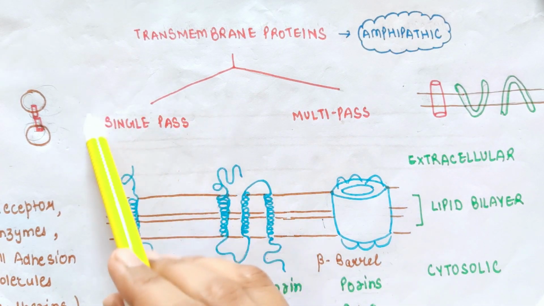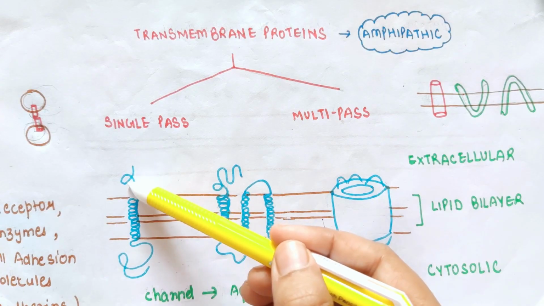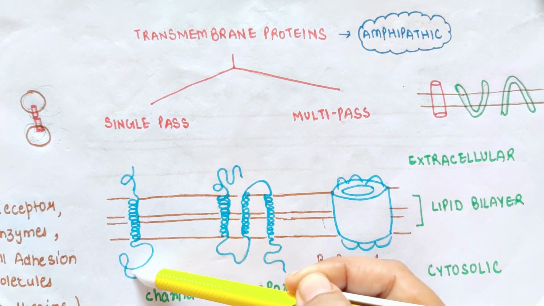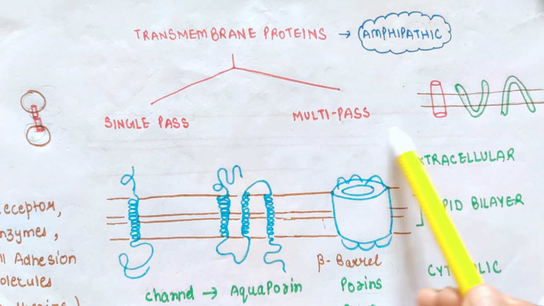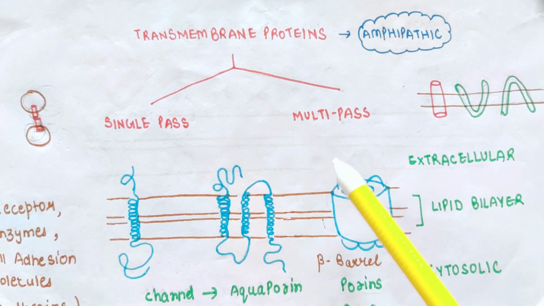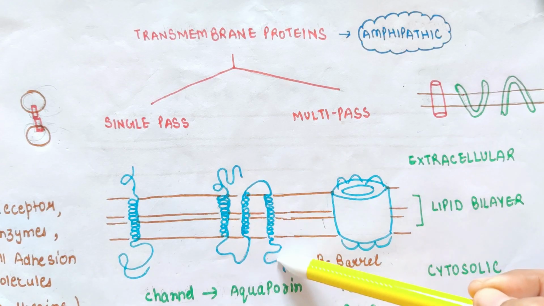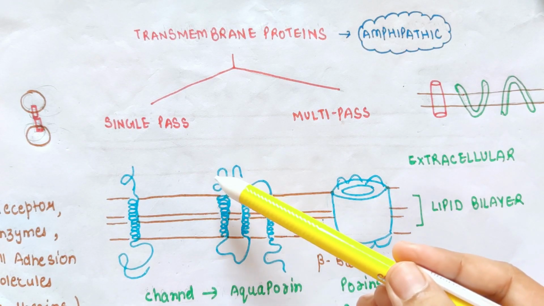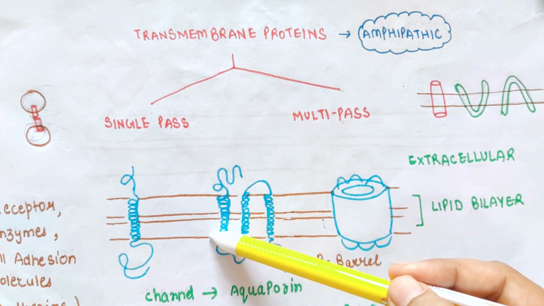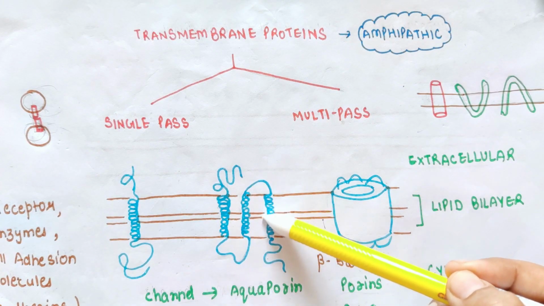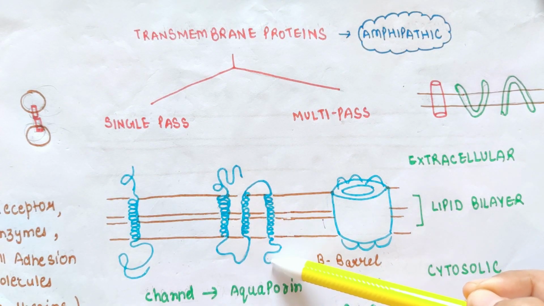In case of single pass, the polypeptide chain spans only once across the lipid bilayer. While in case of multi-pass, the polypeptide chain spans multiple times across this lipid bilayer. Like here you can see that the polypeptide chain is spanning 3 times across the lipid bilayer, right?